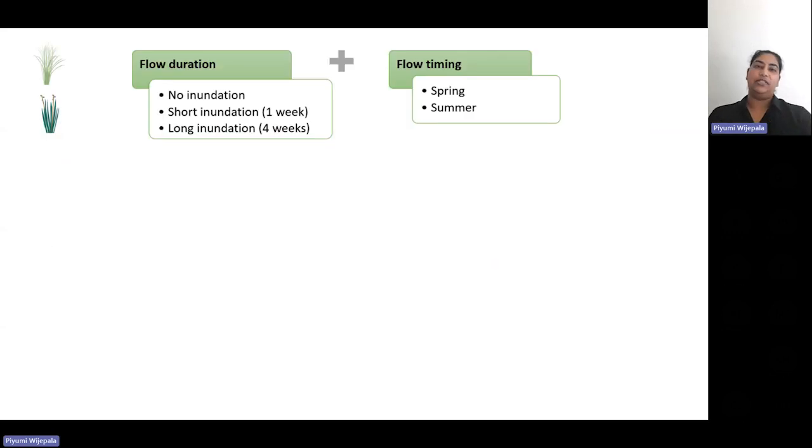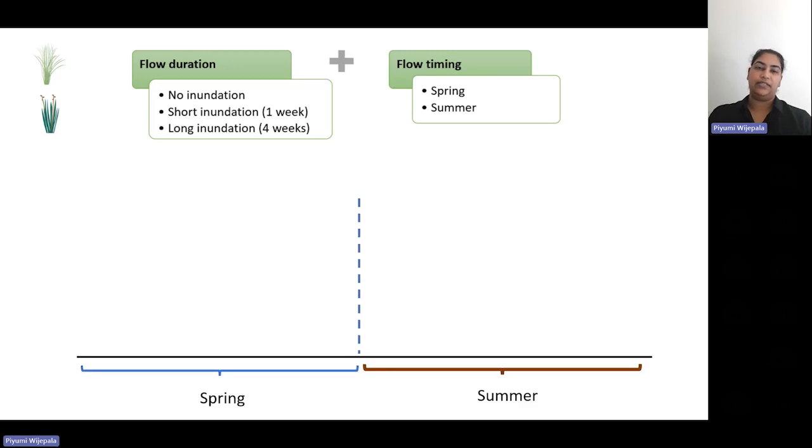As I mentioned earlier, I want to look at how flow duration and flow timing affect their growth and reproduction. In this experiment, for flow duration, we used three durations: no inundation, a short inundation and a long inundation, during spring and summertime. We started this experiment at the onset of spring 2022, and it continued until the summer of 2023.